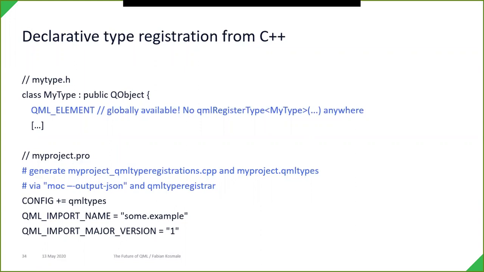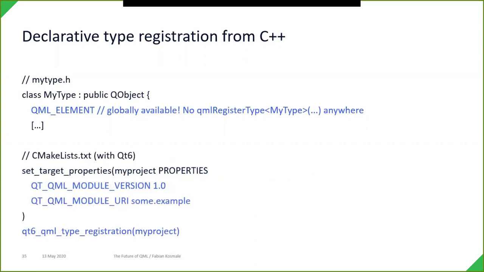And you also have to provide the major version. You do not need to provide any minor versions. Those will be generated automatically if you have revisions in your object. And this does not only work with QMake, but it also works with CMake.